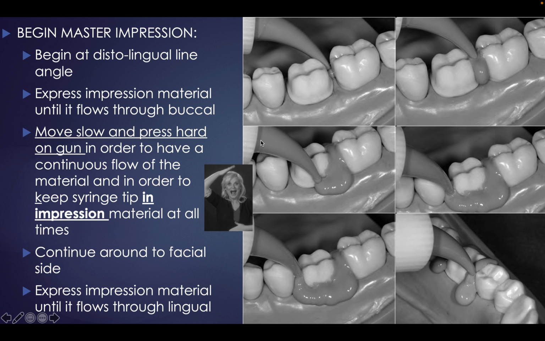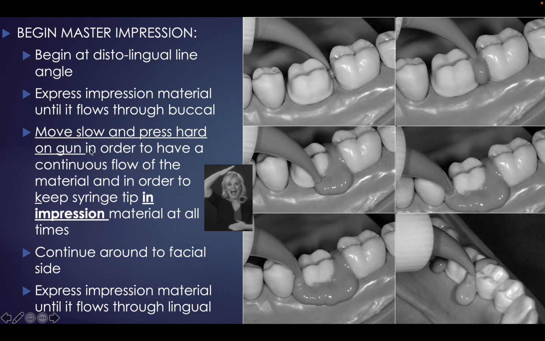and you press hard so there is good flow in the material. You move slow, so distolingual, distal, buccal, and you keep moving always ahead of you, and then mesial, and you can see, that's why you need to be seated, and then mesial going to the lingual, to the end of the lingual, and then you have done all your margin all the way.